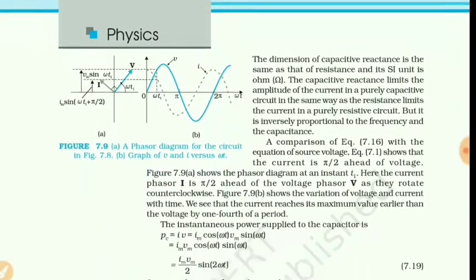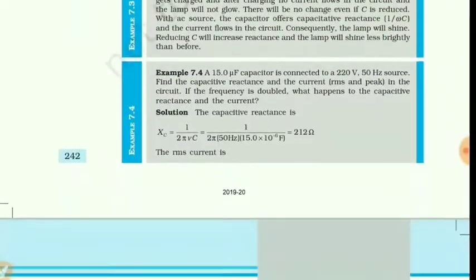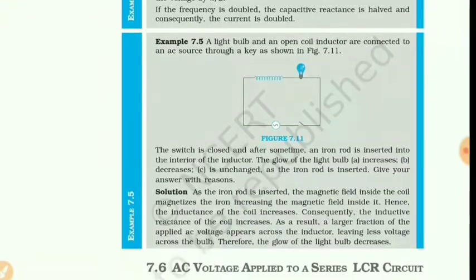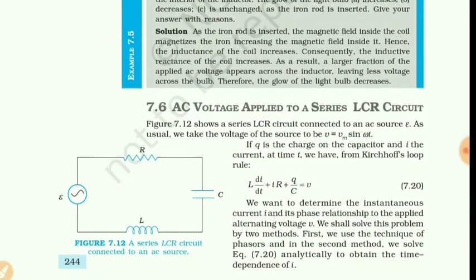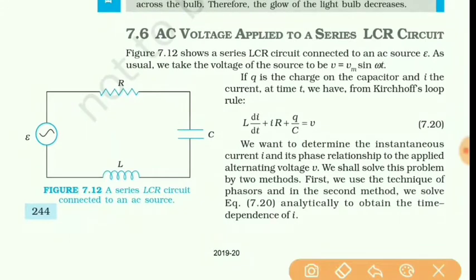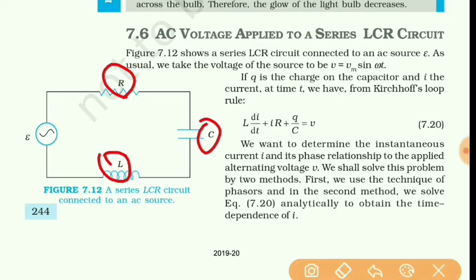in today's lecture, we are going to start with a topic in which all the three components, that is resistor, inductor and capacitor, are connected with an AC voltage or AC source.